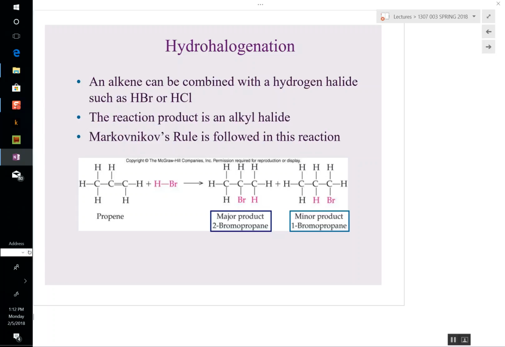Just like water, the hydrogen goes to the carbon with the most hydrogen, and the bromine goes to the other carbon. That's your major product. What's the other product? That's your minor product. Does that happen? Yes, but 90% of the time, you're getting the major product.